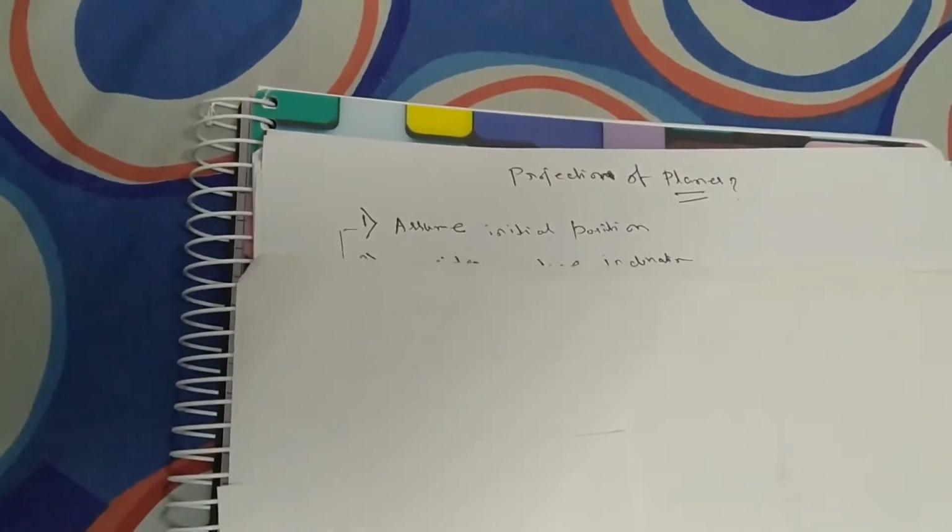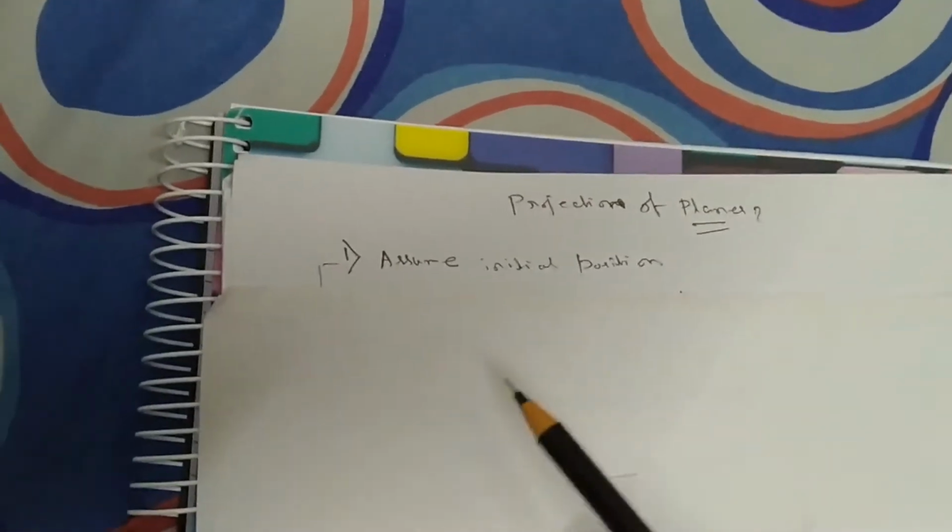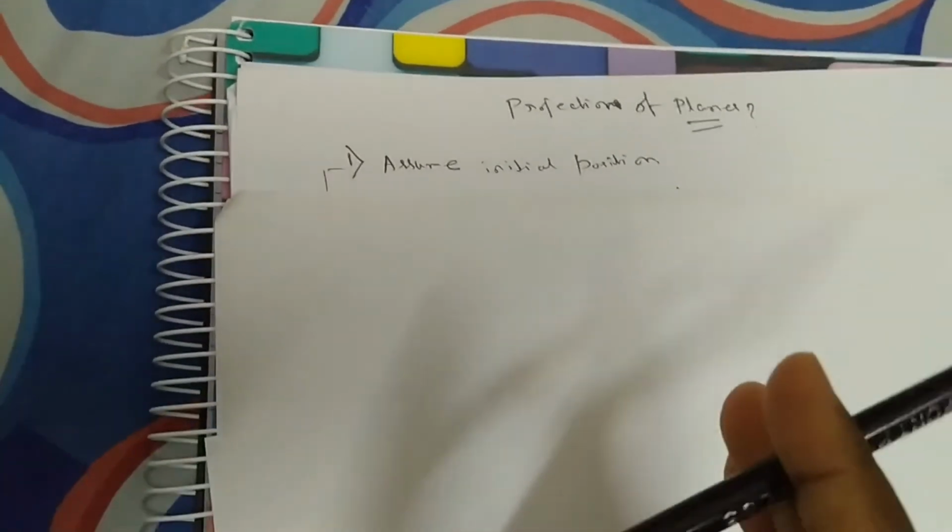Now, to draw a plane, we need to follow 3 steps. First step is to assume the initial position. Second one is to consider surface inclination.